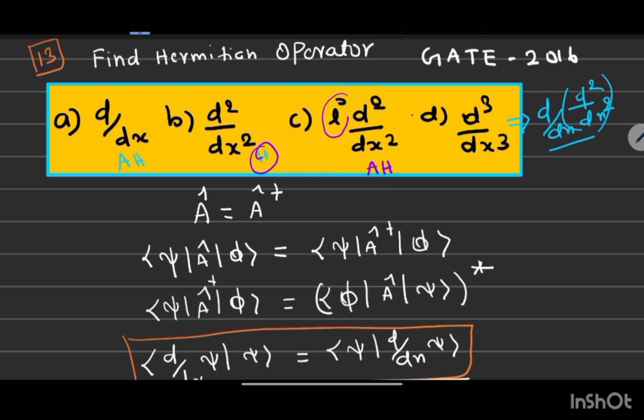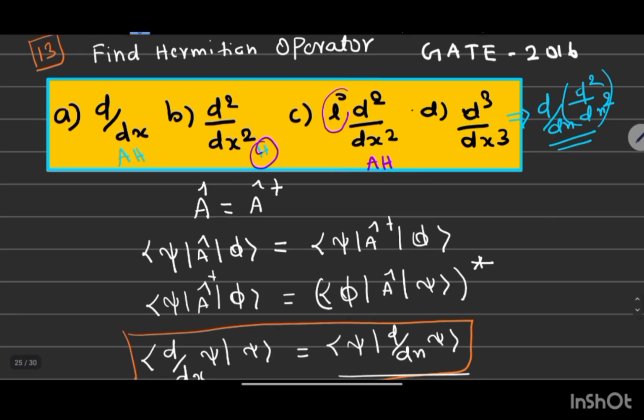It's a product of two operators. The product of two operators will be Hermitian whenever individually they are Hermitian operators and they commute with each other. These two operators may commute with each other, but they are individually not both Hermitian. This is not a Hermitian operator, whereas this is a Hermitian operator. So the product must be an anti-Hermitian operator.